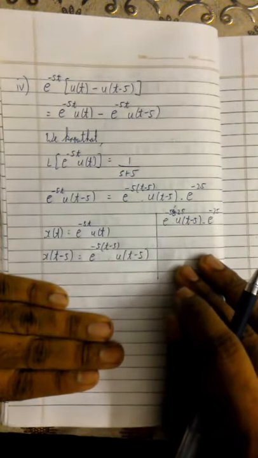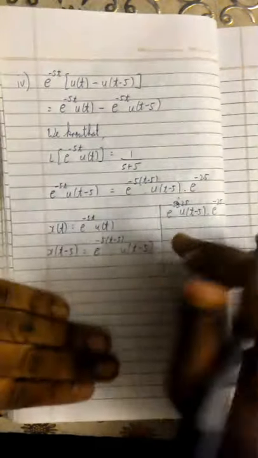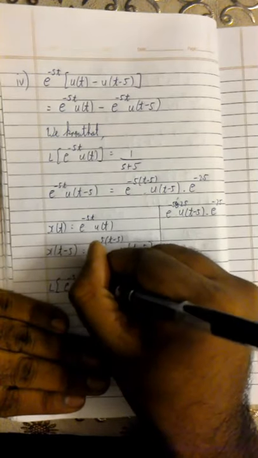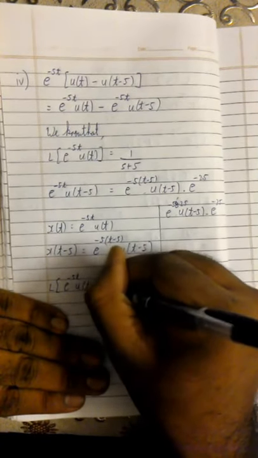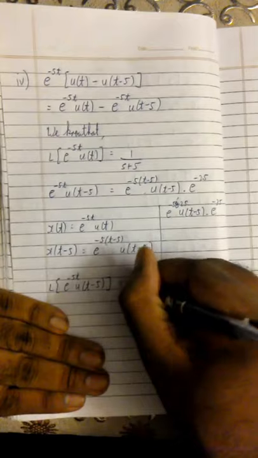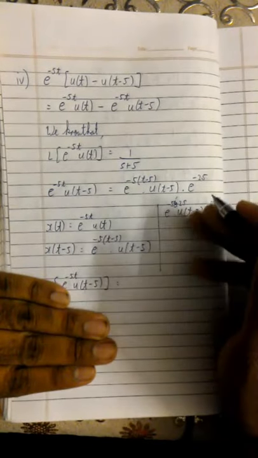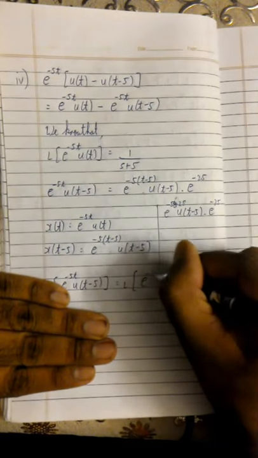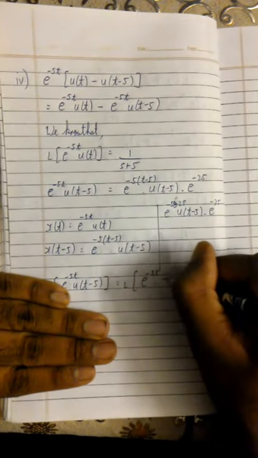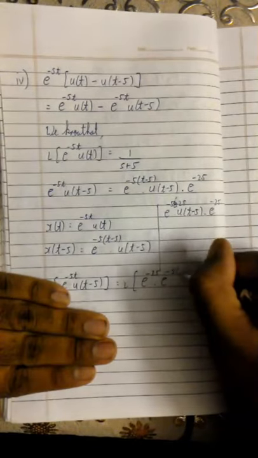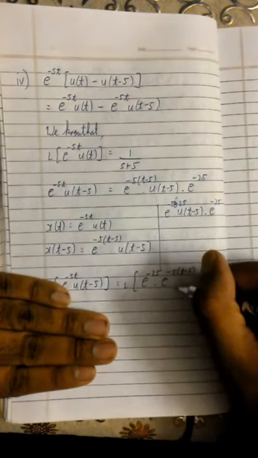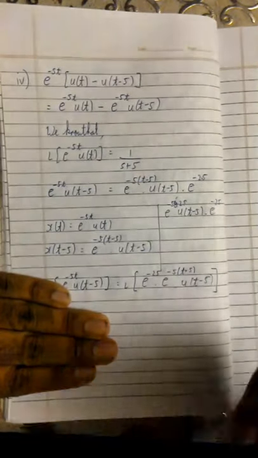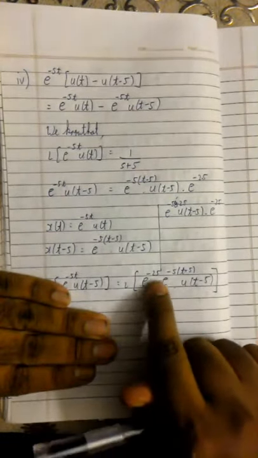So in that case, the Laplace transform of e raised to minus 5t u of t minus 5 is nothing but the Laplace transform of e raised to minus 25 into e raised to minus 5 into t minus 5 into u of t minus 5.